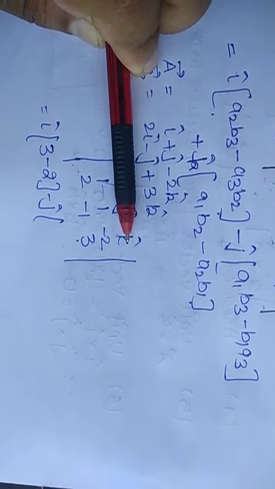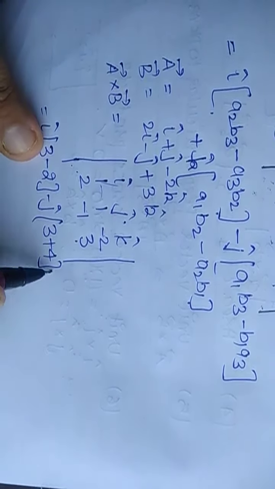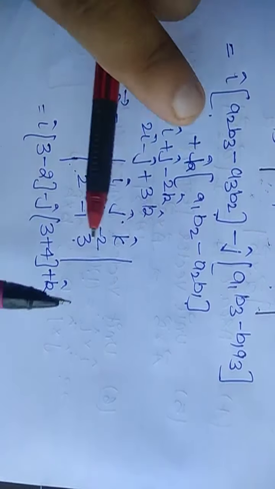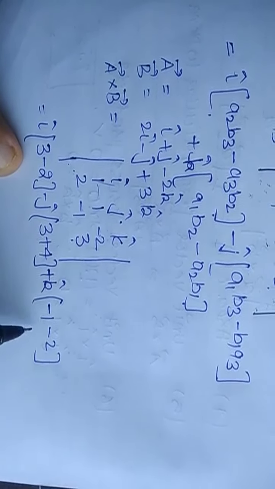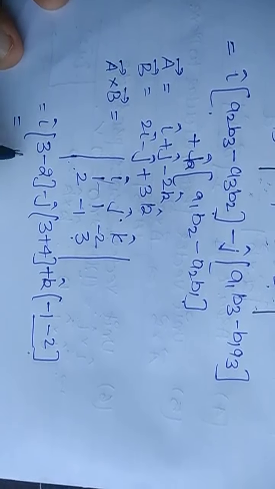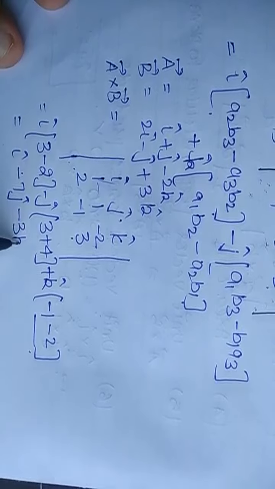So 3 plus 4, so it will be 3 plus 4 plus k cap, minus 1 minus 2, minus 1 minus 2, minus 1 minus 2. So after solving, I get i cap minus 7 j cap minus 3 k cap.